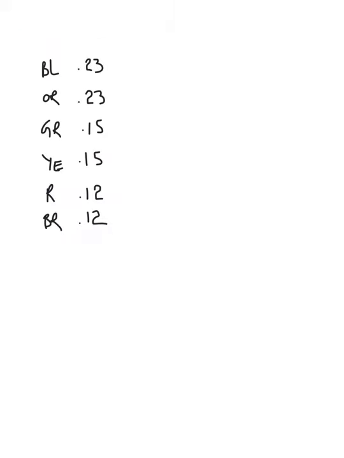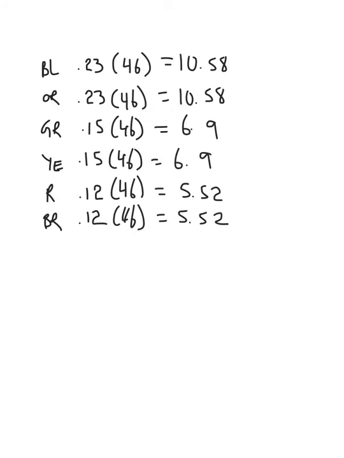The second part of this problem is we want to get the expected counts. There were 46 in the bag, so we take the probabilities and multiply them all by 46. That should be what our expected count is. So there are all the expected values. Now what do they say in the problem? Let's see. 12 blue, 7 orange, 13 green, 4 yellow, 8 red, and only 2 brown.